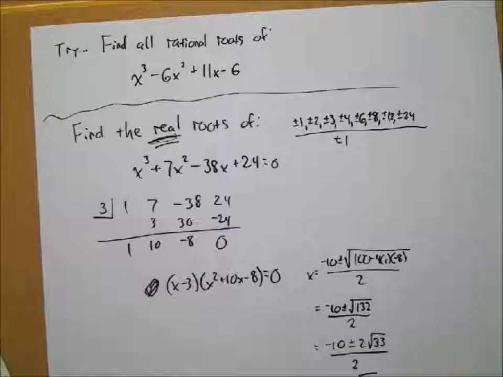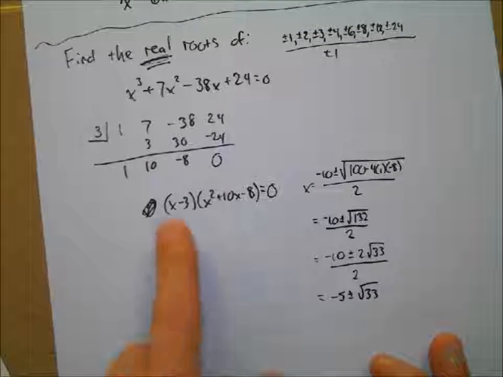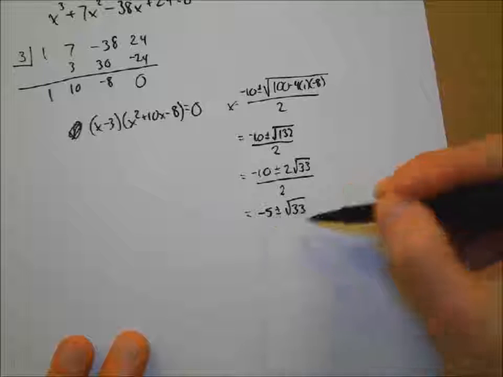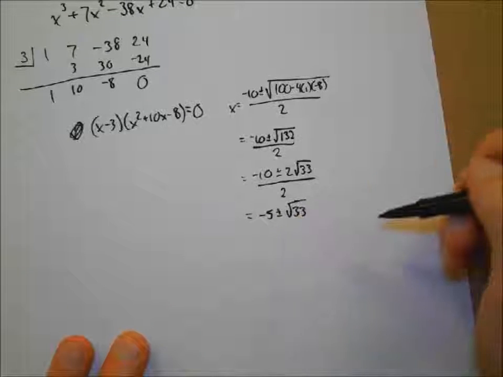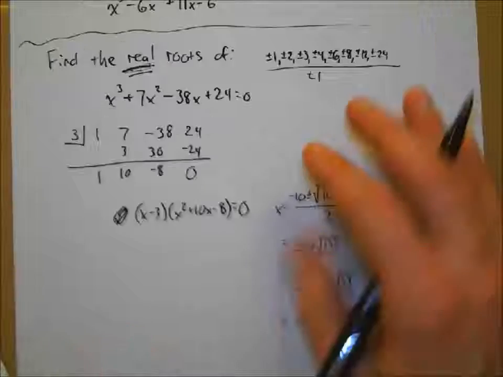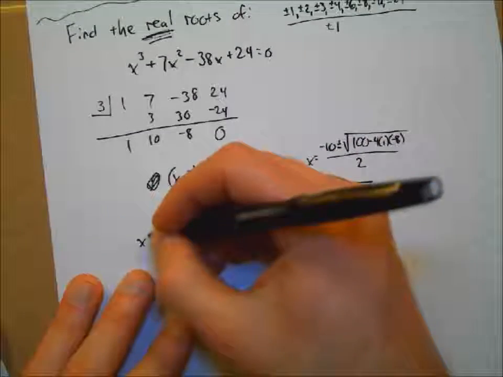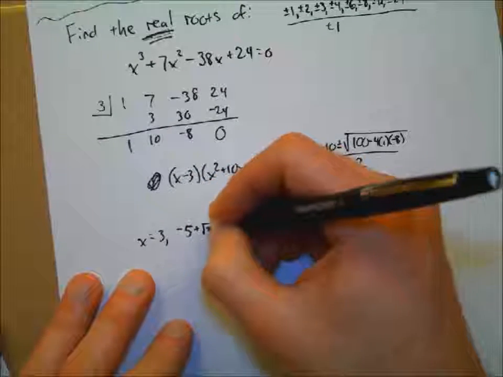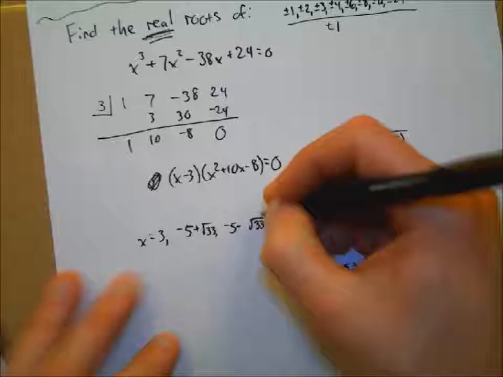So if the original directions were find all rational roots, we would stop at 3 and say we're done, because when we use the quadratic formula here, we end up with irrational solutions. Irrational numbers include square roots that don't simplify any further. But because we said real roots, that includes both, so we include those together. And so x equals 3, and negative 5 plus root 33, and negative 5 minus root 33. There are our solutions.